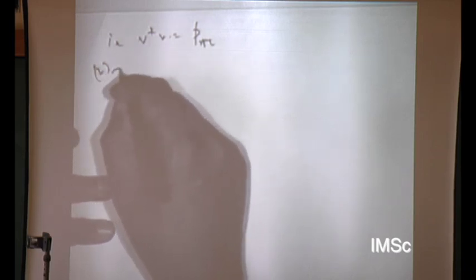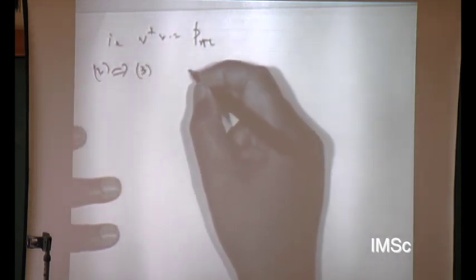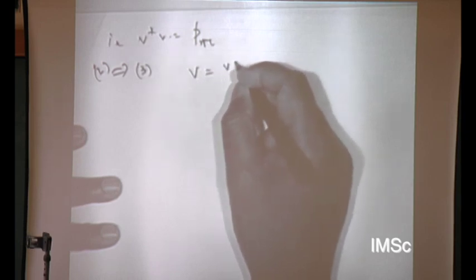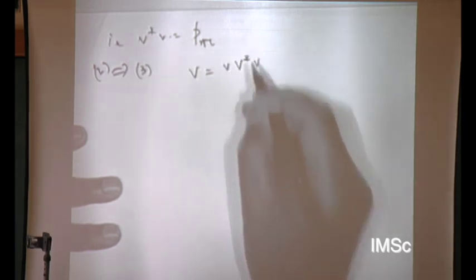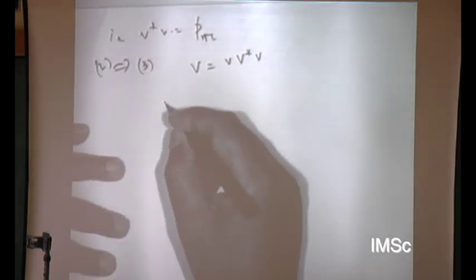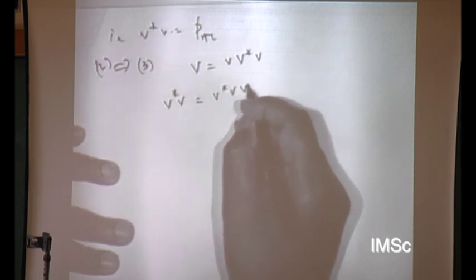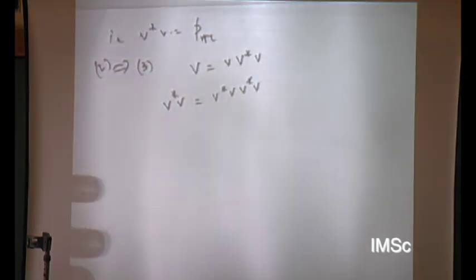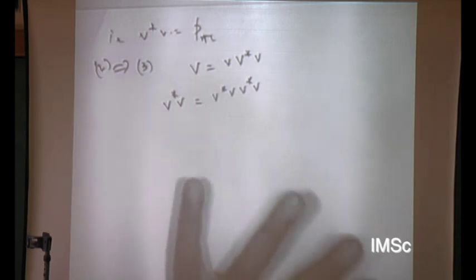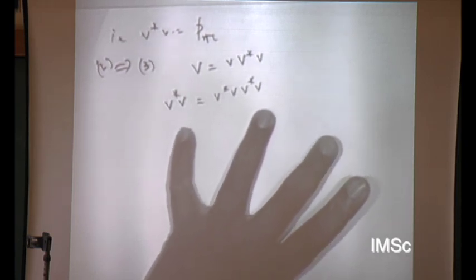And 2 implies 3 will be trivial because I want to prove that V equals V V*V. V*V is a projection, that means V*V squared.